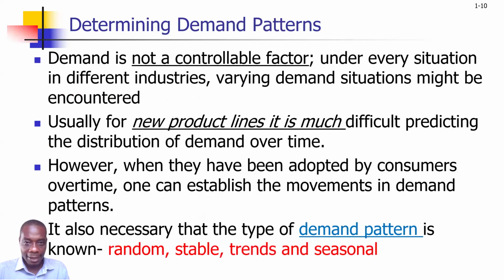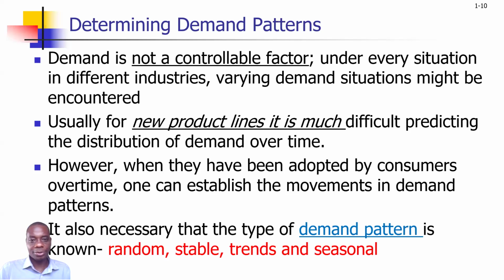Then we can also have what we call controllability of demand. Demand is not really a controllable factor. You cannot really determine how much people buy. They determine it. So you have to be able to understand when they are ready to buy something and when they are not.